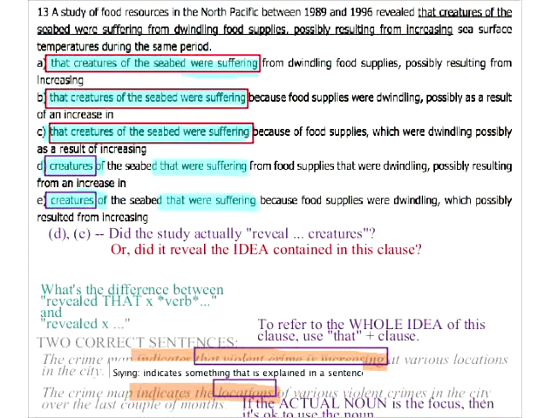Of those two, it's the latter. The study didn't reveal any creatures. Instead, the study showed that the dwindling food supply was causing issues for those creatures. So that means we don't want D and we don't want E.